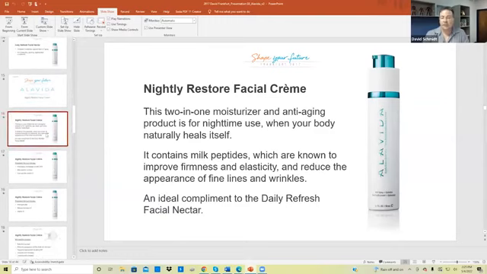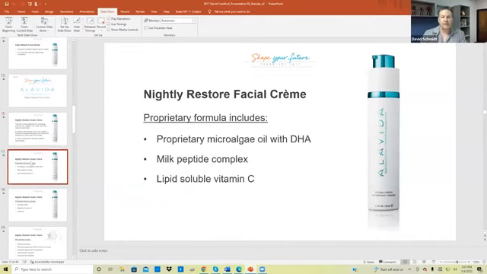Now, the nighttime formula, we had a really interesting time developing this. This is a thicker product, obviously, than the daytime formula. And it's also based on a microalgae. But in this particular case, we also added a milk peptide complex.